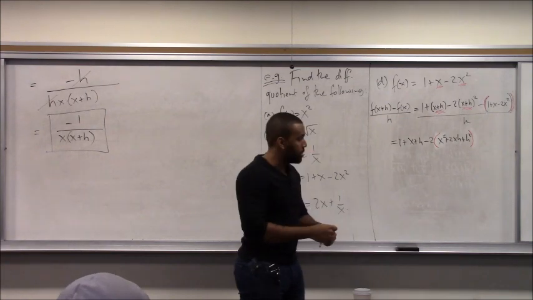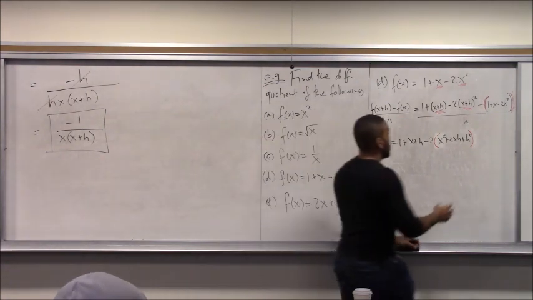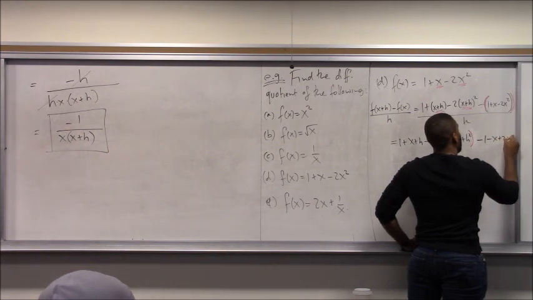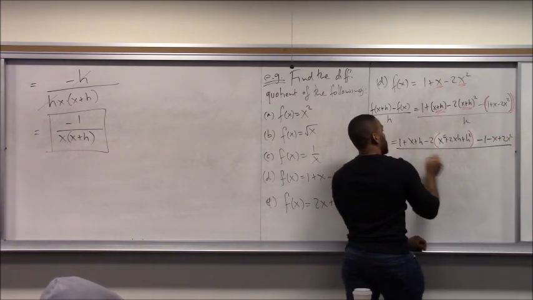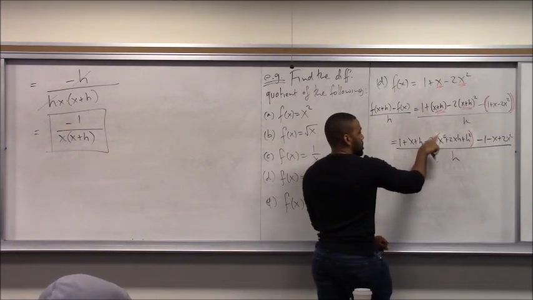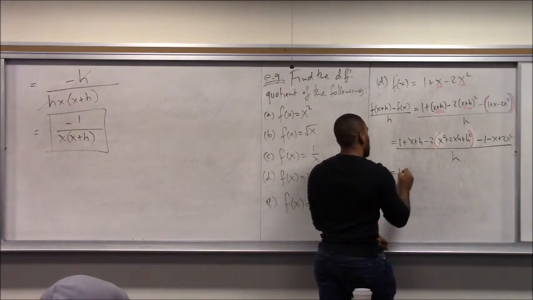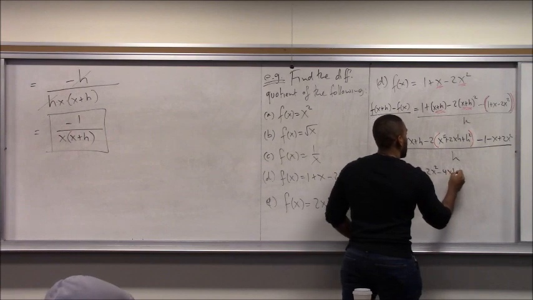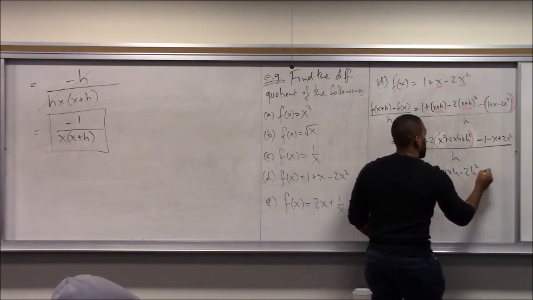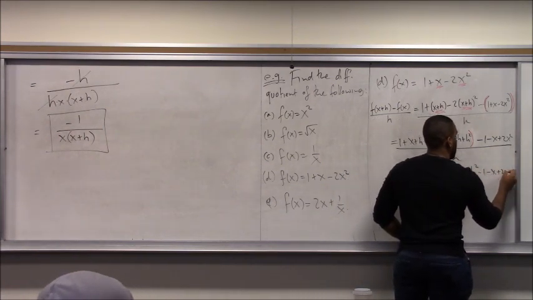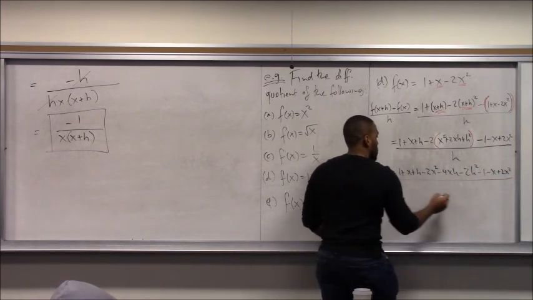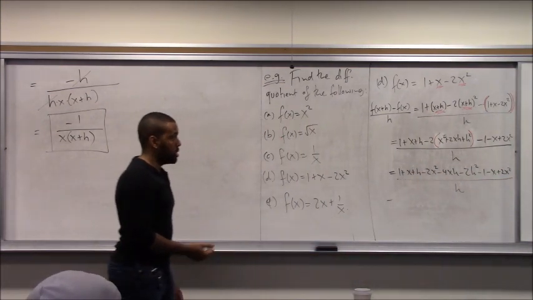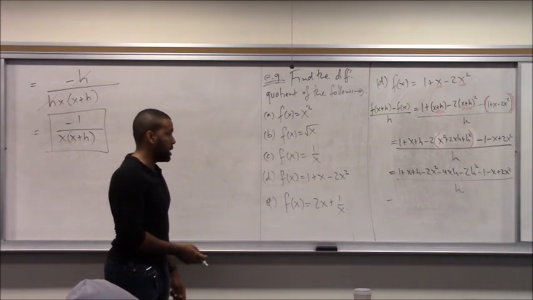We'll forget that. Minus 1, now I can distribute this, minus 1 minus x plus 2x squared, all over h. We're not done because the h is still in the denominator. You keep going until you cancel it.